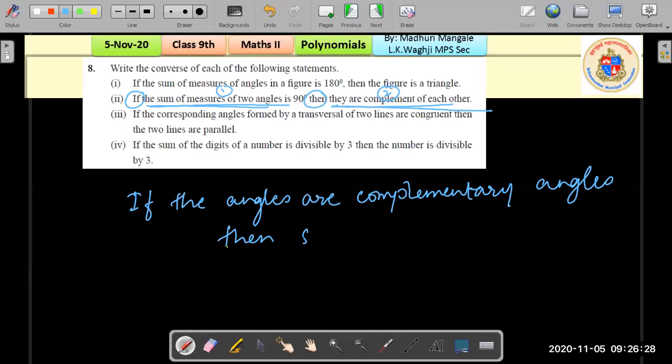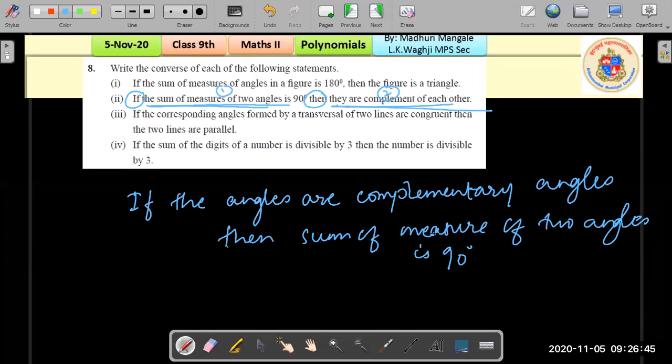Then the sum of the measures of those two angles is 90 degrees, like that. Okay, these questions are really easy because they have the words if and then, right? So you just need to phrase it properly. This is a very easy type of question.